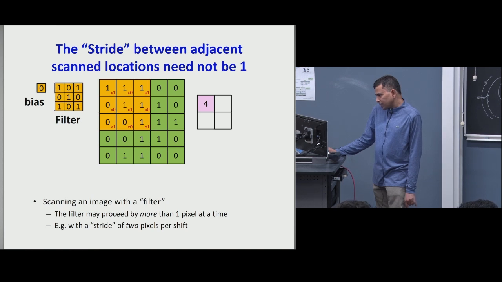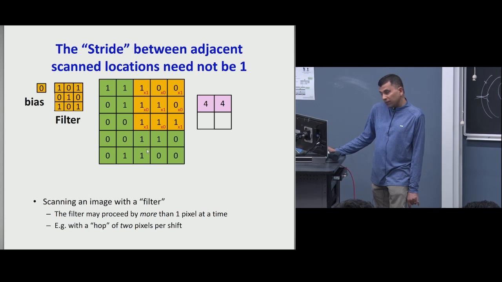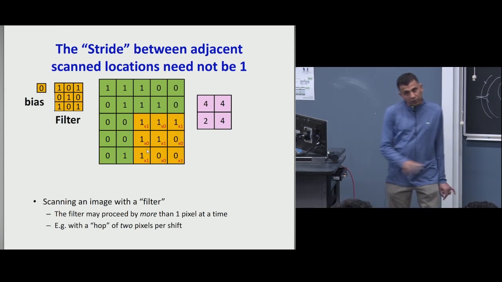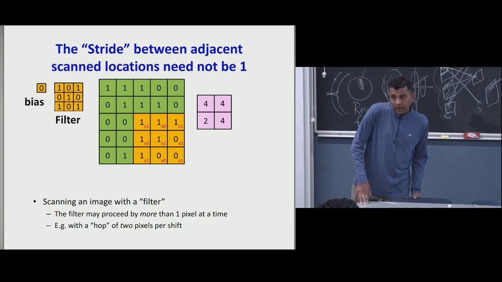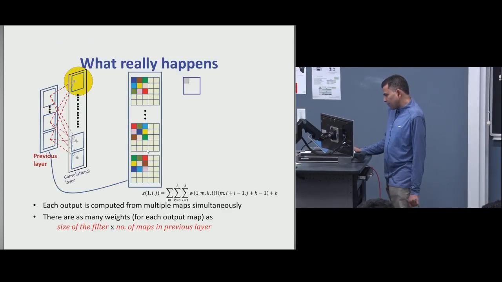So here, for example, I could place it here and get 1 response, then shift by 2 and compute the next value. Then I shift down by 2 and get the next value, in which case the size of the result is going to be halved. Or you can stride by any number of values.